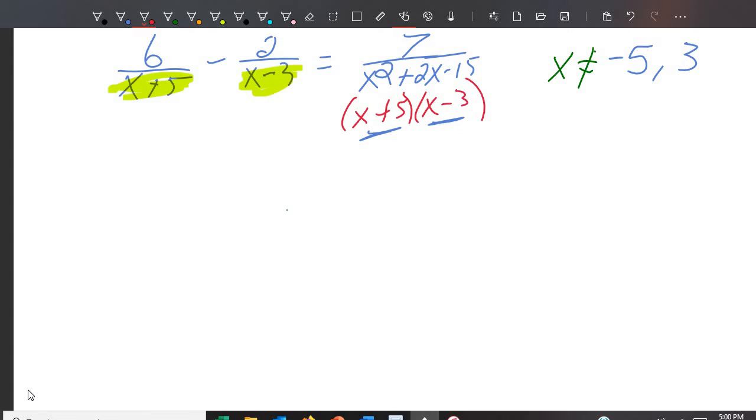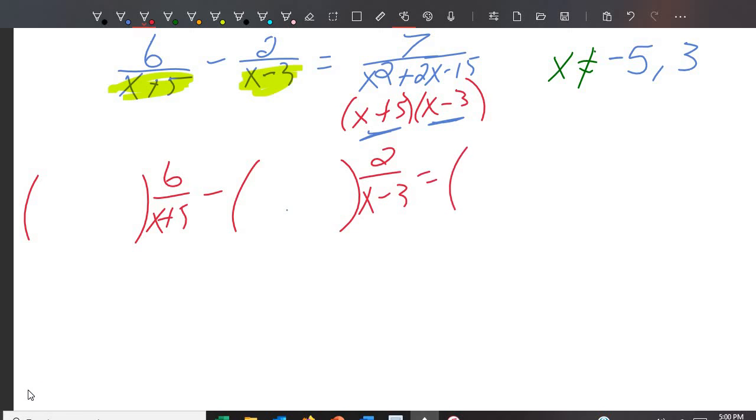Okay, so I'm going to draw my parentheses next to everything, just like all the others. Okay, now common denominator is going to be a combination of the different binomials.